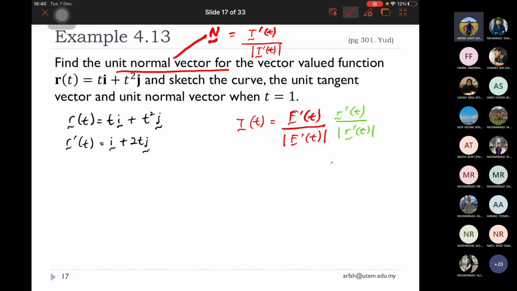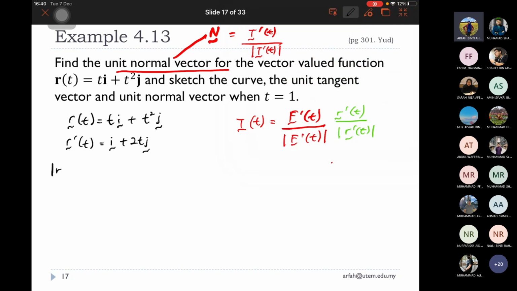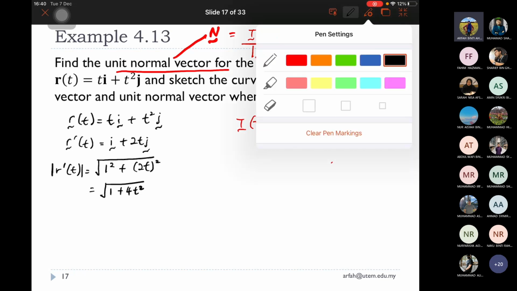Okay, so from here, Euclidean length of r prime t akan sama dengan square root 1 kuasa 2 tambah 2t kuasa 2. So akan dapat dia sama dengan square root 1 tambah 4t squared. So this is the Euclidean length of r prime t.